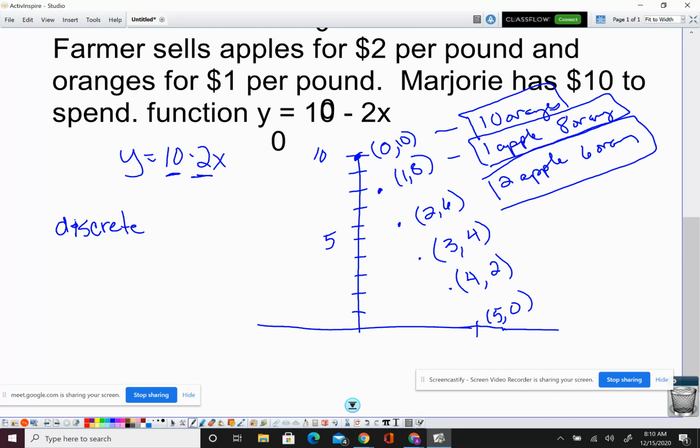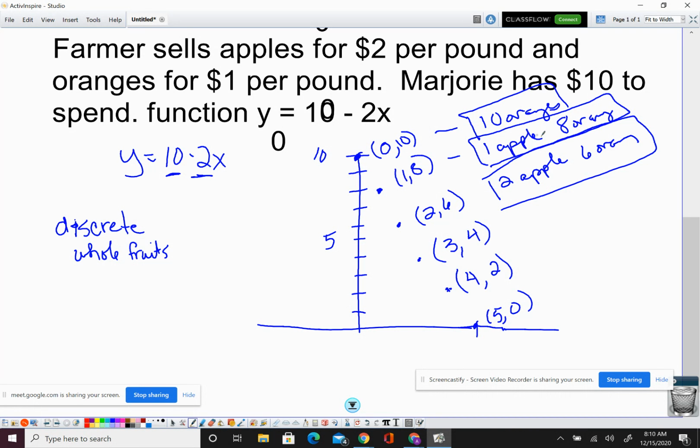Can we buy a half of an apple that a farmer is selling? No, we can't. We have to buy whole numbers. We have to buy whole fruits. So we're only looking at the specific spots where we have whole numbers, because that makes sense in this case for what we're doing here.